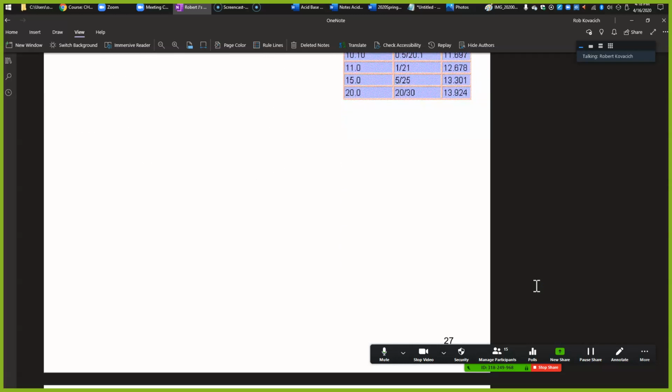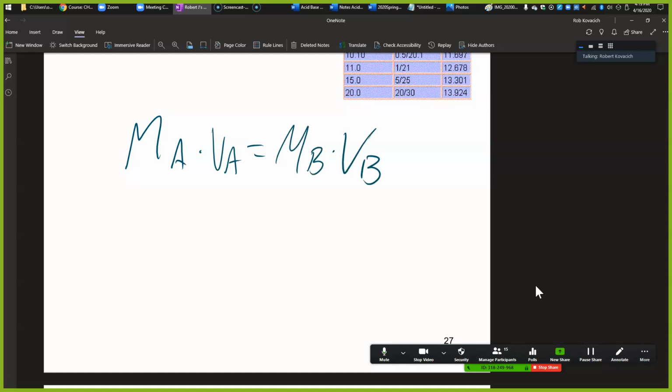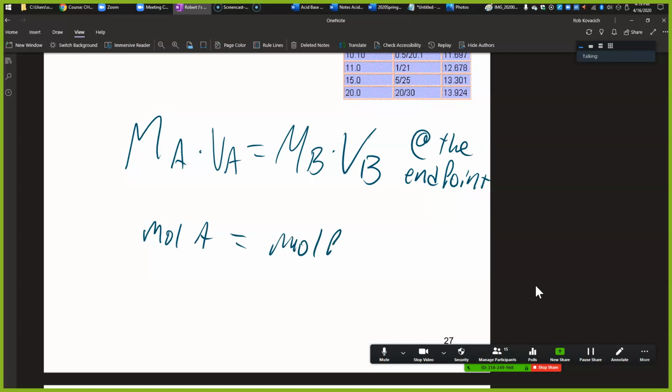The important thing is the concentration of the acid times the volume of the acid is equal to the concentration of the base times the volume of the base at the end point. The end point and the equivalence point are the same thing. So what we're saying is moles acid equal moles base when you're done with the reaction.